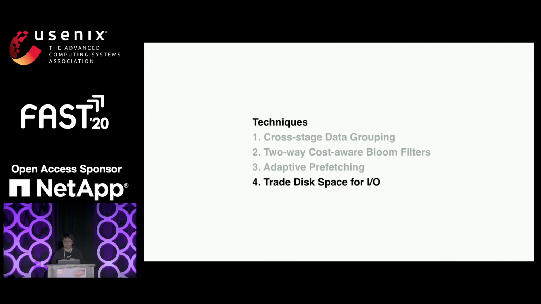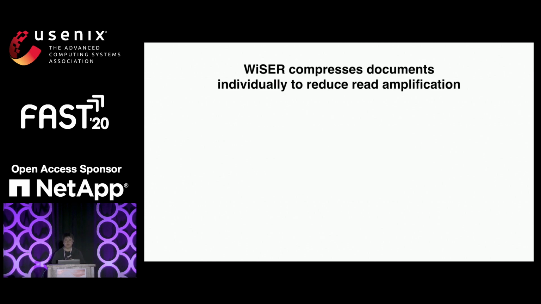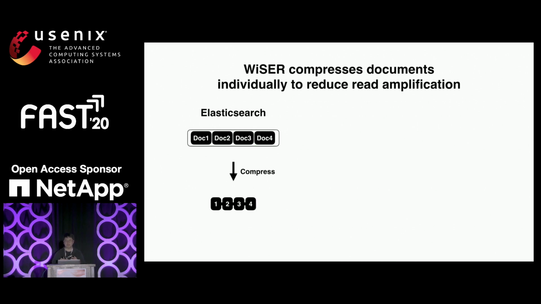Last technique is shared disk space for I/O. WiSER compresses documents individually to reduce the replication. In Elasticsearch, multiple documents are put into this 16 kilobyte buffer to be compressed. This is to reduce the size of the compressed data. But the problem with this is that if you want to read document 3, you have to read all the documents before it, so that you can decompress the data for document 3.